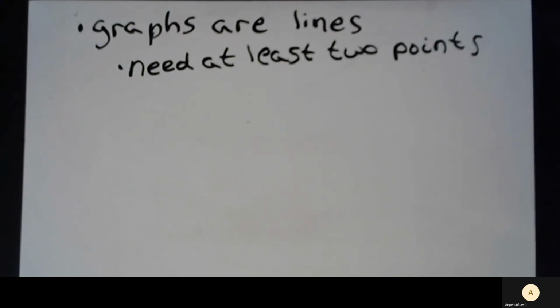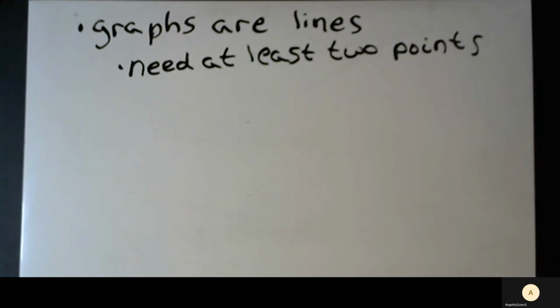Now, in the homework, I think they do have problems where they'll have you graph with 3, but you really only need 2. 2 is going to be the necessary minimum.